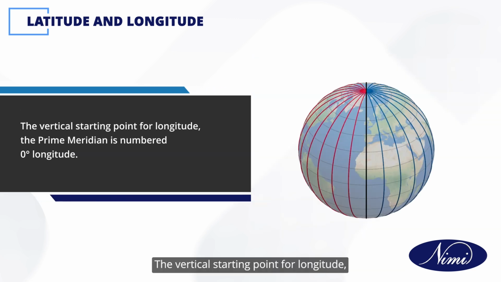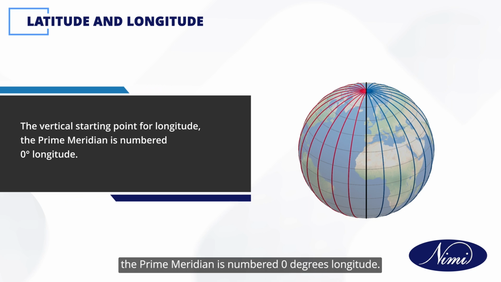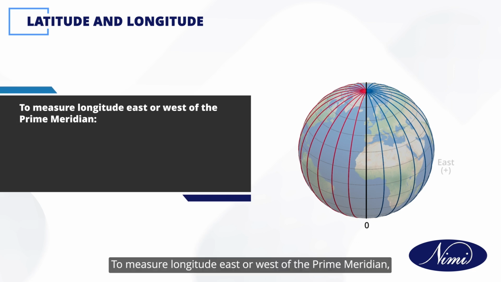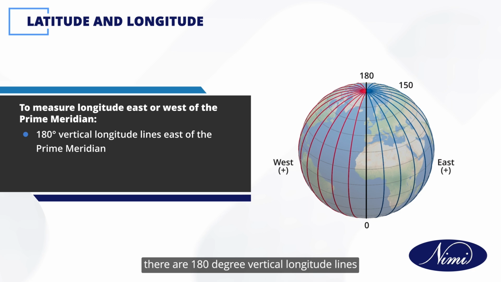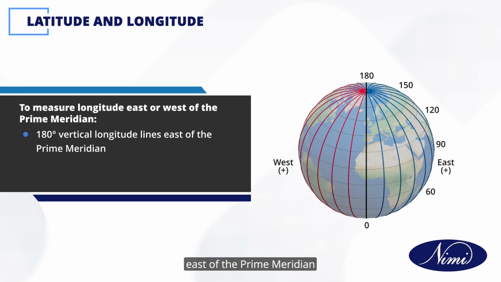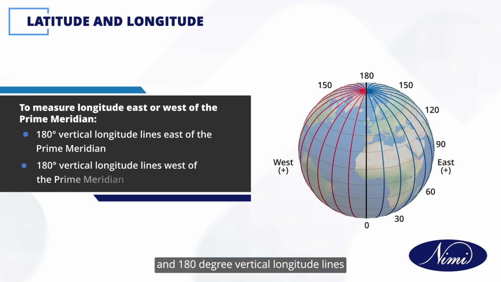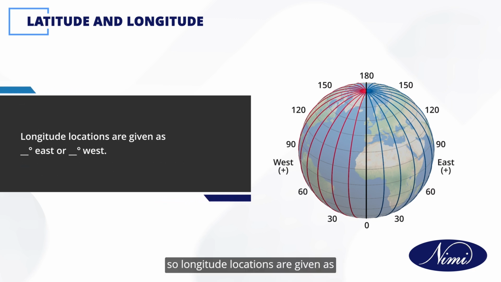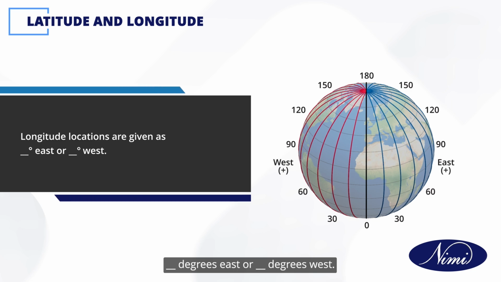The vertical starting point for longitude, the prime meridian, is numbered 0 degrees longitude. To measure longitude east or west of the prime meridian, there are 180 degree vertical longitude lines east of the prime meridian and 180 degree vertical longitude lines west of the prime meridian. So longitude locations are given as dash degrees east or dash degrees west.